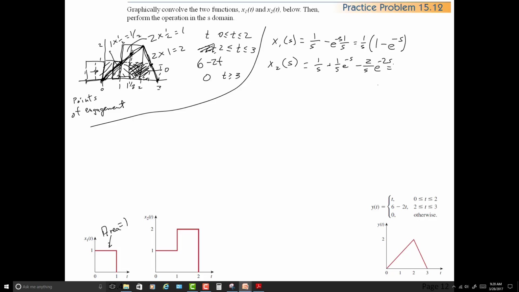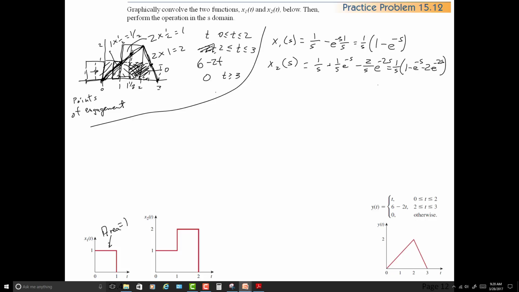Okay, so we'll pull all of this together and get 1 over s, right, times 1 minus e to the minus s minus 2 e to the minus 2s. Okay?